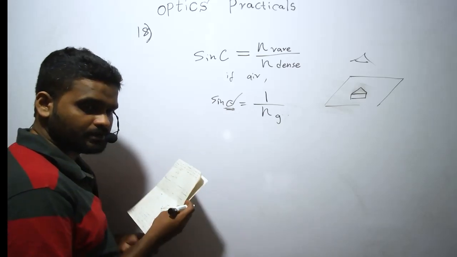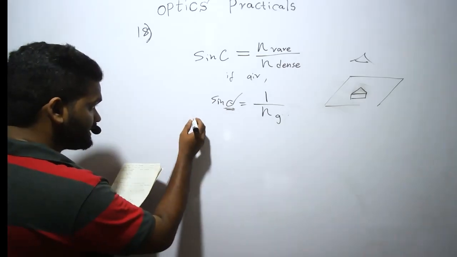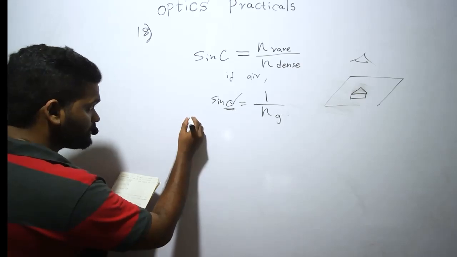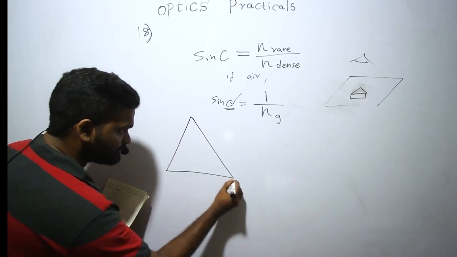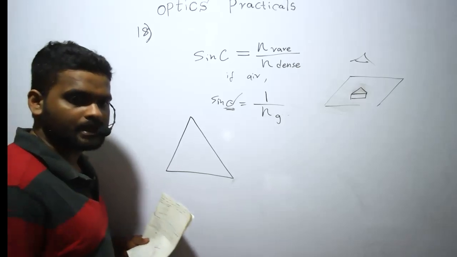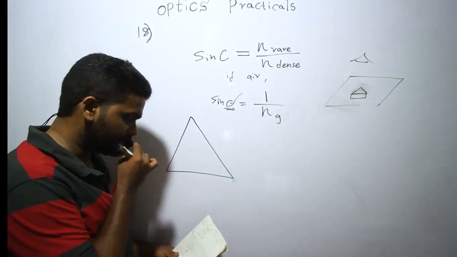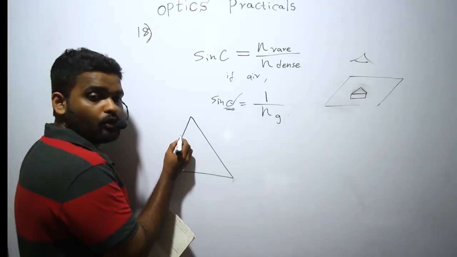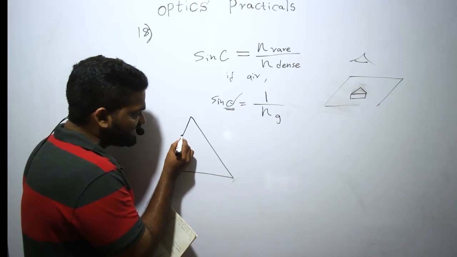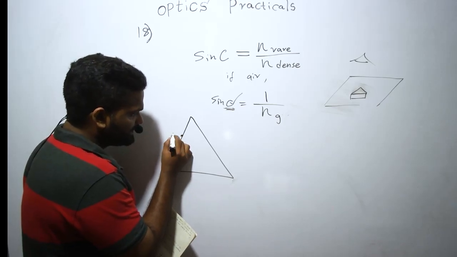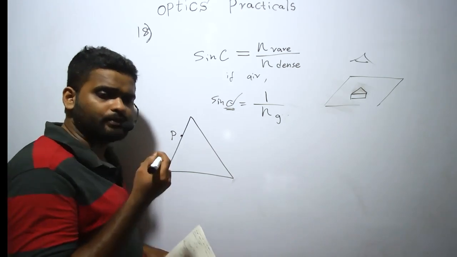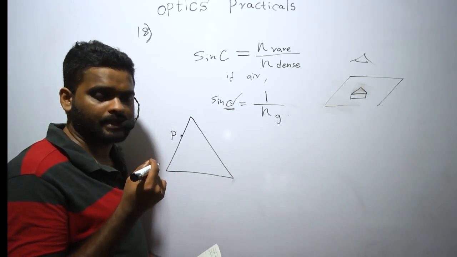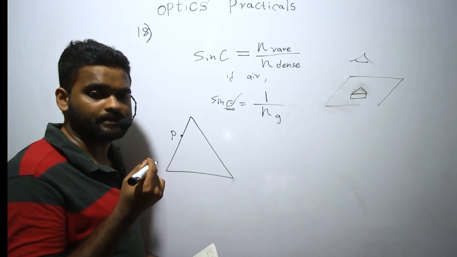Don't draw, just understand what I'm saying, right? So you have this prism. In the critical angle method, you place an optical pin in contact with a side of the prism. So why do we use an optical pin?